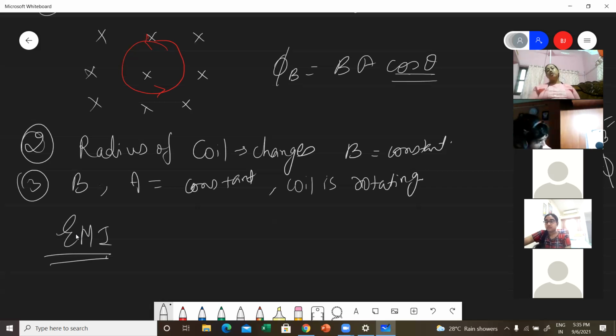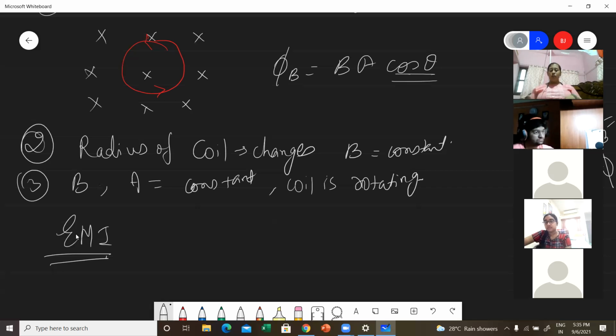If potential is changing, my current is also changing. If my battery is 100 volt, the current will be larger; if it is a 10 volt battery, the current will be less compared to 100.